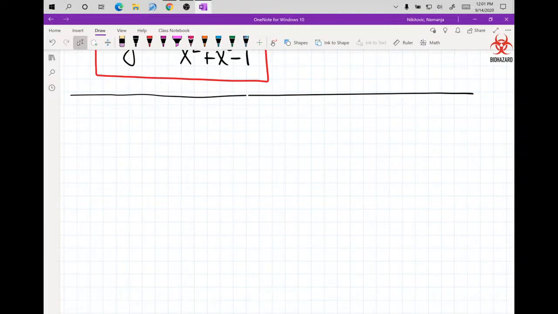dy/dx equals y times e to the x. So how about if I just try to write y prime equals, oh, writing slow is the key, y times e to the x.